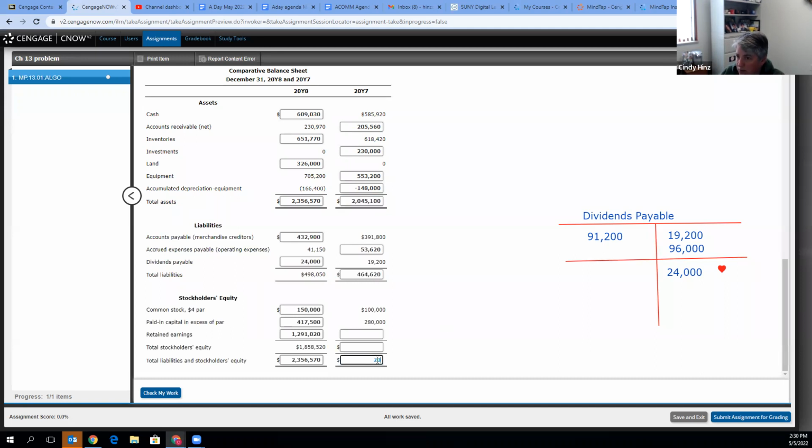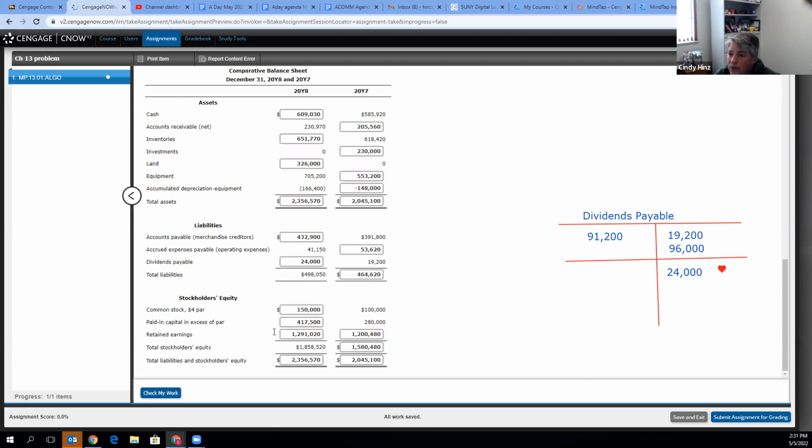And then we know that that total assets number needs to be the same as the total liabilities plus equity. We can subtract the liabilities from that to get the total equity. And then do exactly what we did for the end of the year. Subtract from that the two equity accounts that we know to find the one that we do not know.